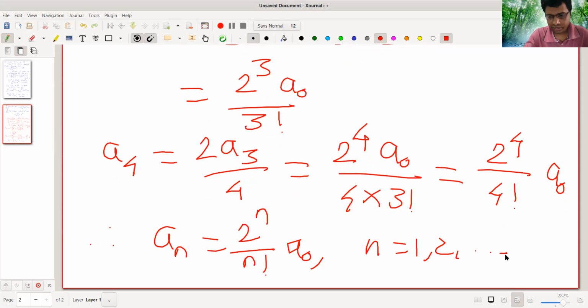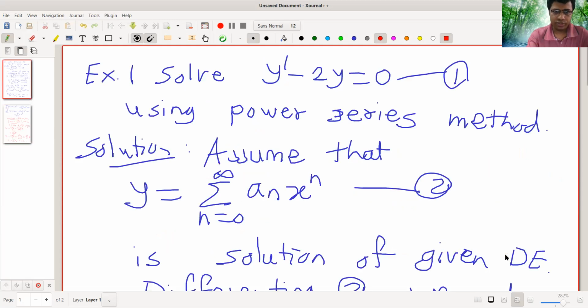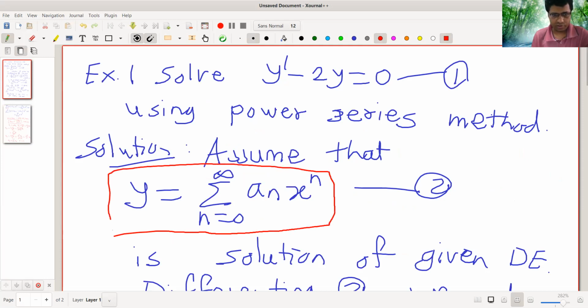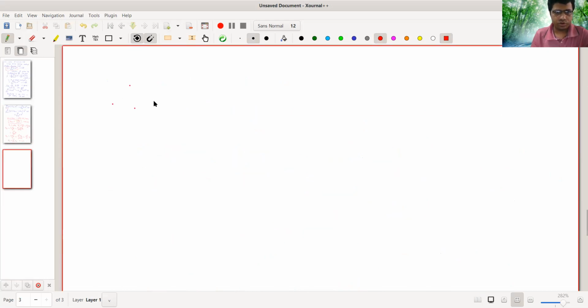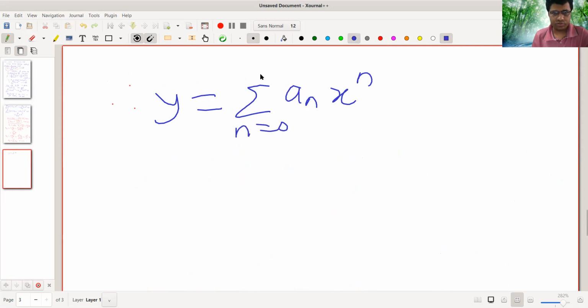Now we substitute this in equation 2, that is y. Now we know what an is, so we substitute in this equation 2. We can have the solution y. Therefore, y equal to summation an x raised to n, n equal to 0 to infinity.